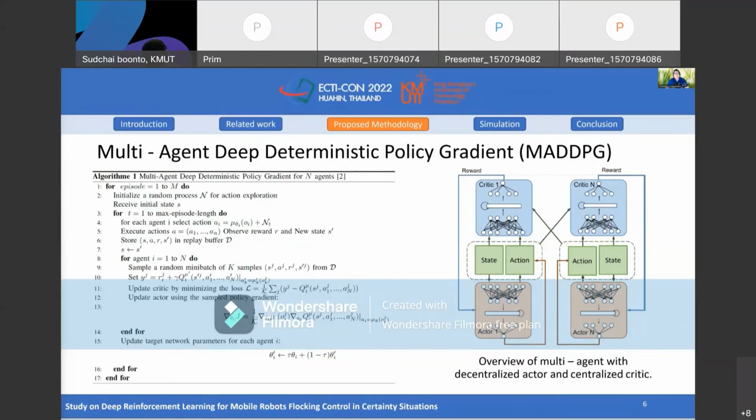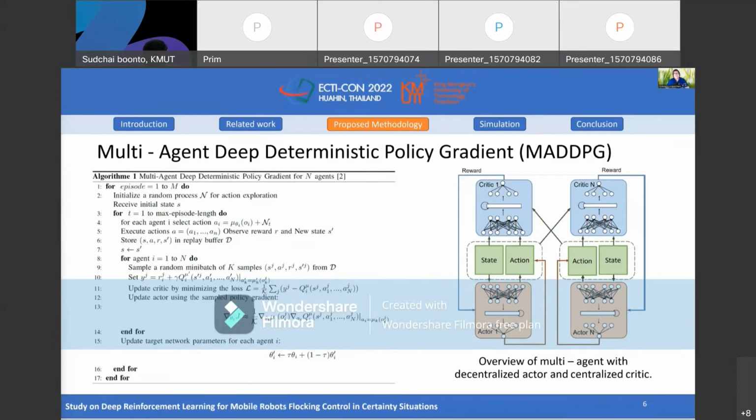And then the next step is to update the critic by minimizing the loss function and the actor by using the sampled policy gradient function. Lastly, the target network parameters are updated for each agent by multiplying with the learning rate and adding the new target network multiplied by 1 minus the learning rate.